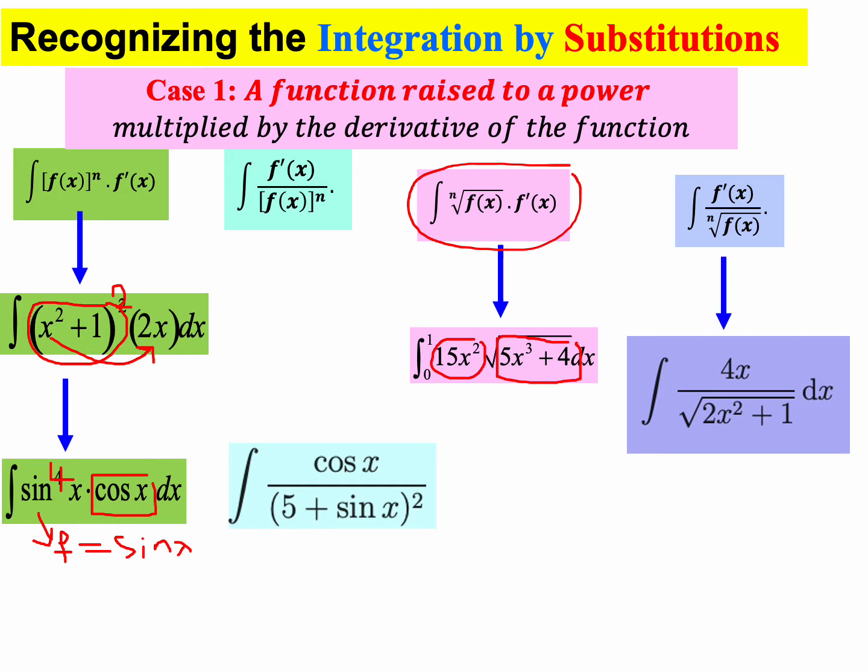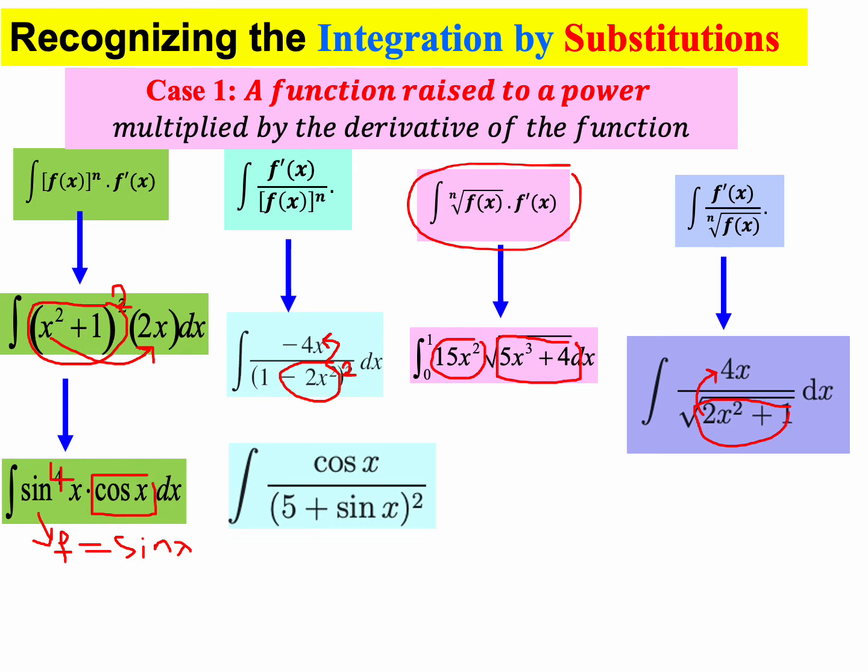Also, as we said here, sometimes the radical is in the denominator, and we can see that this is the function which is inside the radical, and the derivative of 2x squared is given to us, which is 4x. If we take this example, here we can see also that there is a function in the denominator raised to power 2, and the derivative of this function is minus 4x, which is also given to us.